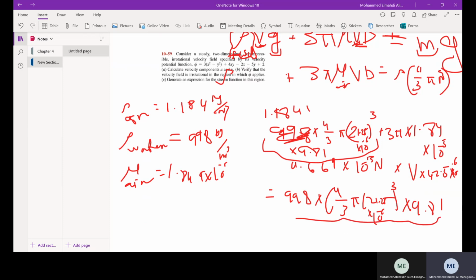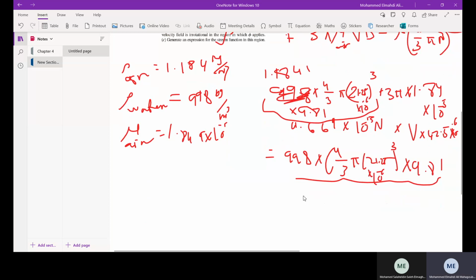Let me calculate the gravitational force. Just change the density, multiplied by the gravity. So this one is the same thing, just multiplied by 1,000, because the difference in density from air to water is about 1,000.